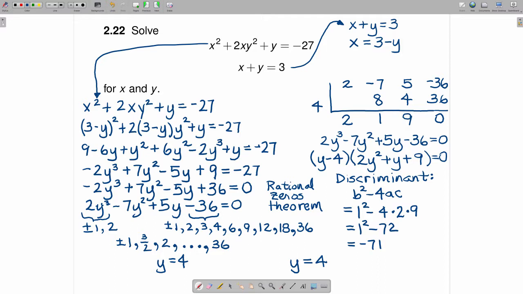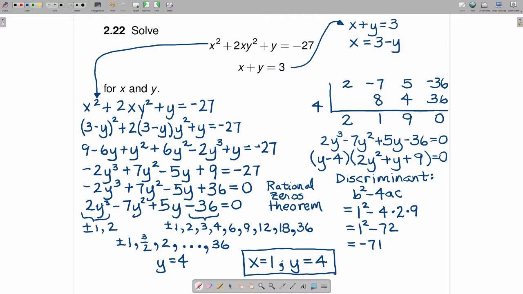Now once we have y equals 4, we come back to the original set of equations and we want to determine what x is. Well, obviously the easier equation to plug into is going to be this one. When y is equal to 4, you can see that x is equal to negative 1. So x equals negative 1 and y equals 4 is the one point where these two equations are both satisfied.